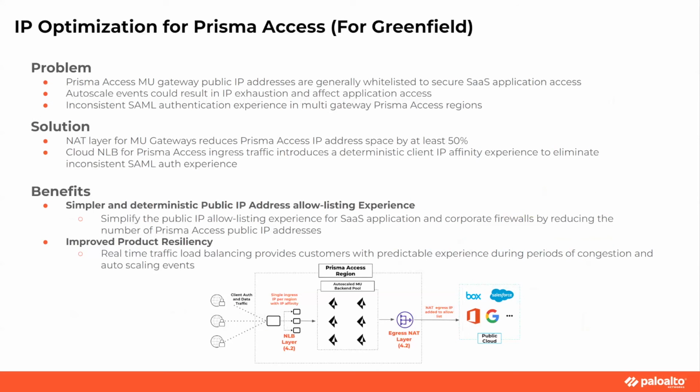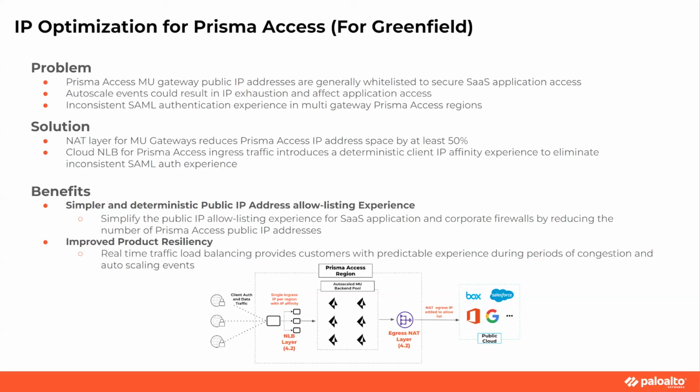The next one is IP optimization for Prisma Access. This is for greenfield customers. In order to support this, we require a minimum GlobalProtect version of 6.1.4. This basically helps you resolve two potential problems. Number one, we are helping you to have a simplified and deterministic public IP address allow list experience.